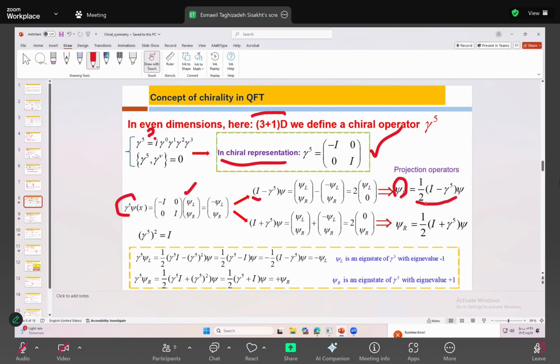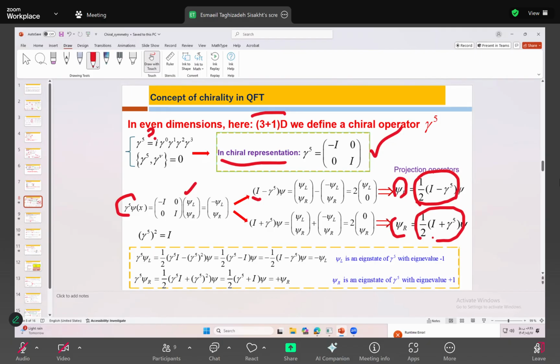So here we can say that this term shows a kind of projection operator for obtaining the left block, and this one is the projection operator for obtaining the right block.